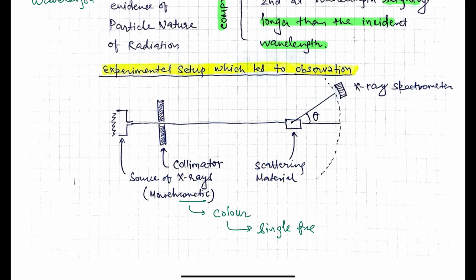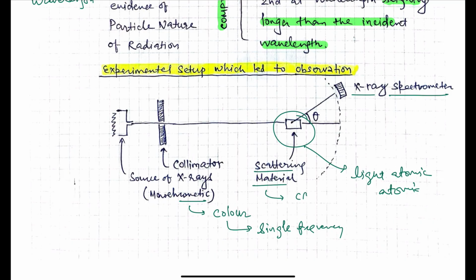Single means mono, chromatic means color, so we call it monochromatic. And this is the scattering material, which is of light atomic weight, for example carbon. And this is the X-ray spectrometer, which lets you observe the spectrum of the X-rays scattered by the scattering material.